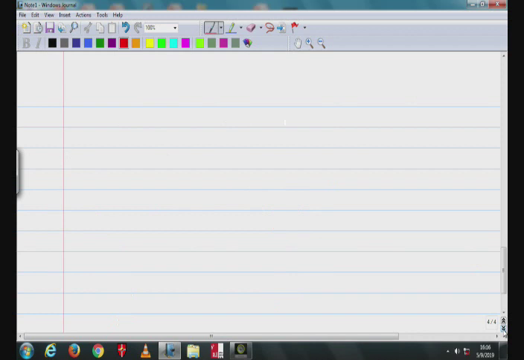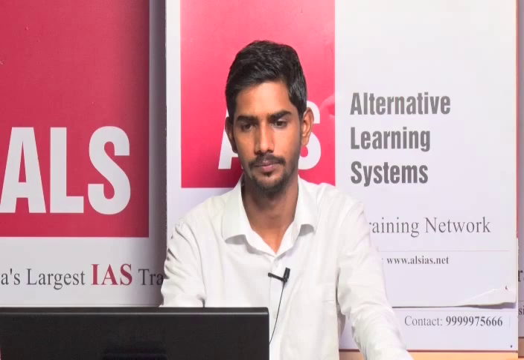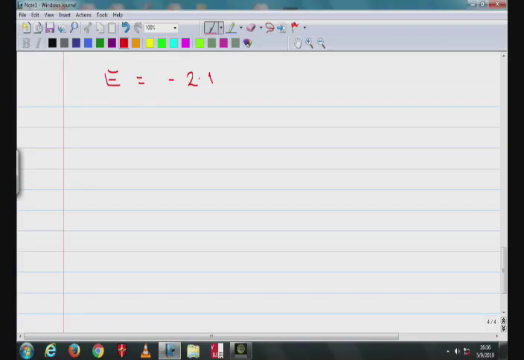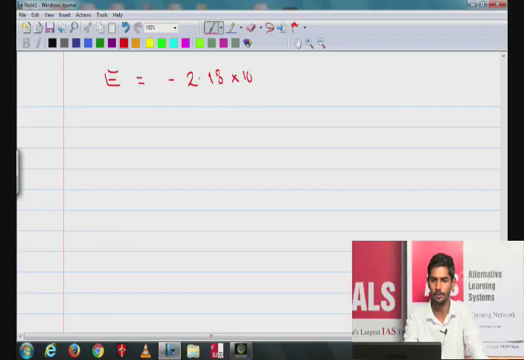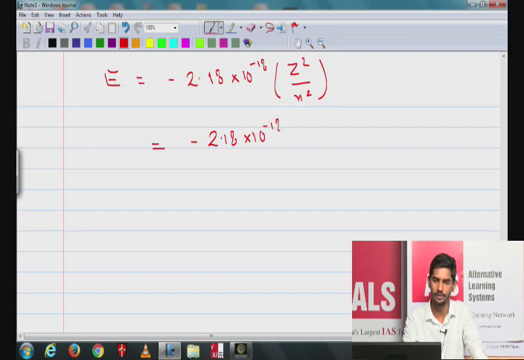Then energy, it will be minus 2.18 into 10 to the power minus 18 Z square by n square. So this one will be minus 2.18 into 10 to the power minus 18, Z is 3 square, n is 4 square.